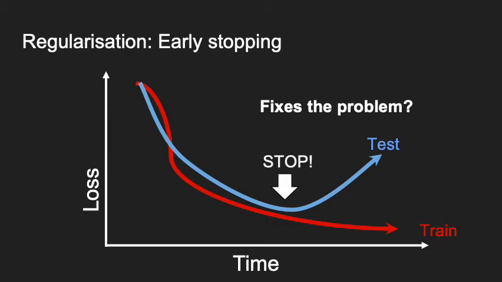You have used the test set to stop your training, so it has now been used to optimize the training. So it's no longer a test set, and this approach is not valid.